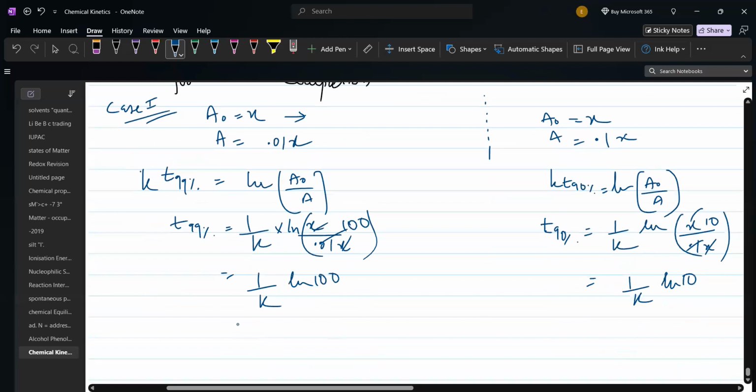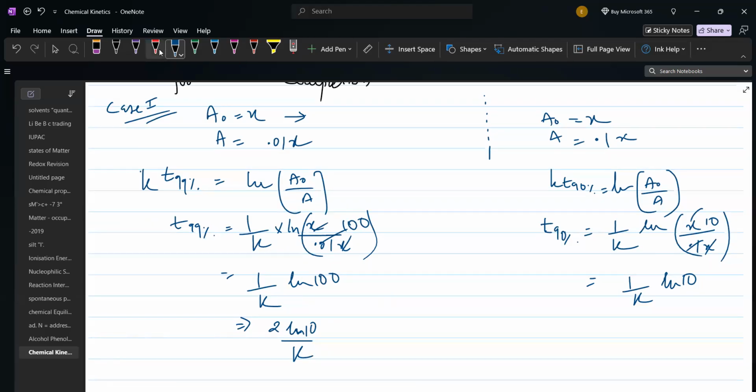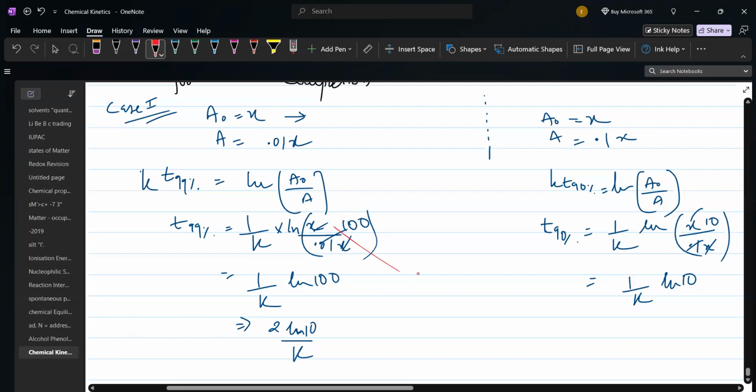Rishita, can you write this as 2 ln 10 upon K? Are you aware of this rule? Then it's well and good.